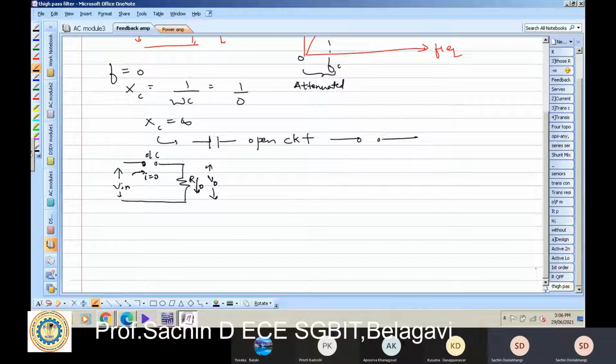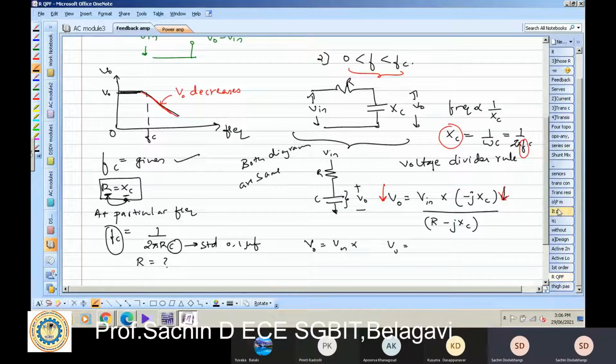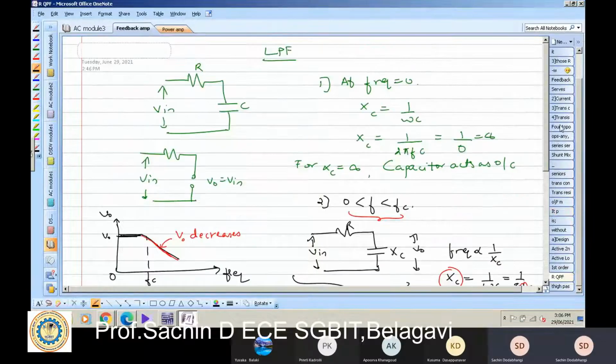See, in the earlier case, I have drawn it for the low pass filter. In low pass filter, what did we take? At zero frequency, Xc was infinity, so I replaced the capacitor with an open circuit. I can draw the circuit this way also: resistor, this is my input voltage, this is my open circuit, and this was your output voltage.